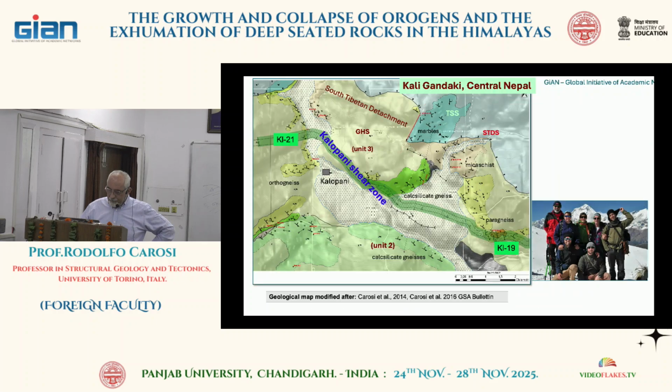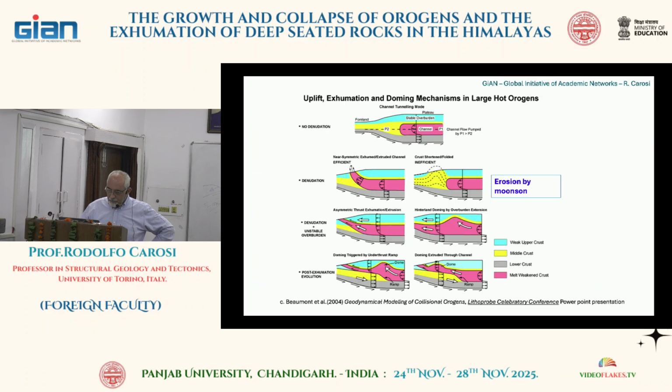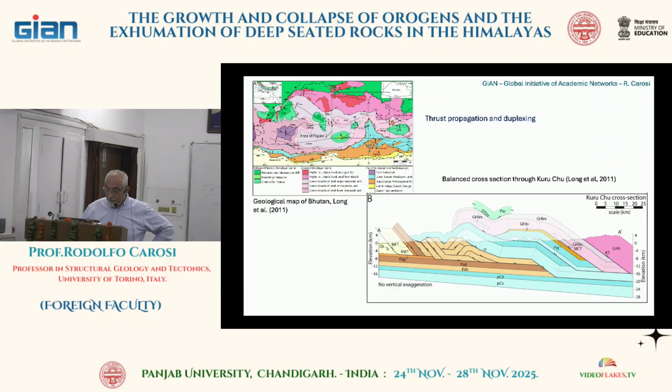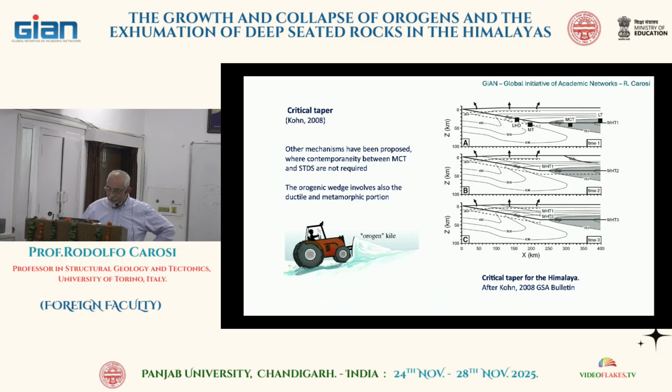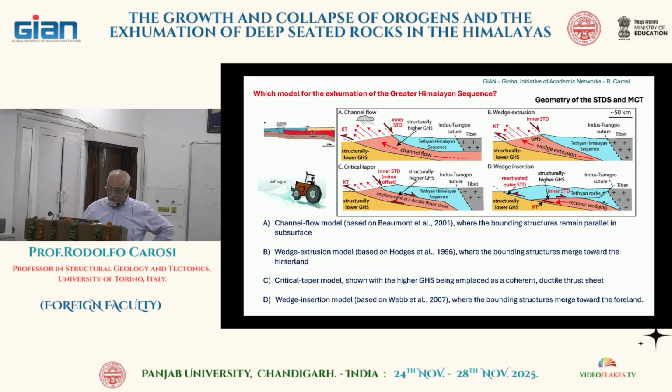Of course, the models are very simple. I simplify the reality of the rocks and of the Himalayan belt a lot, because probably out-of-sequence thrusts were also sometimes active, since we have some out-of-sequence thrusts even in Western Nepal.